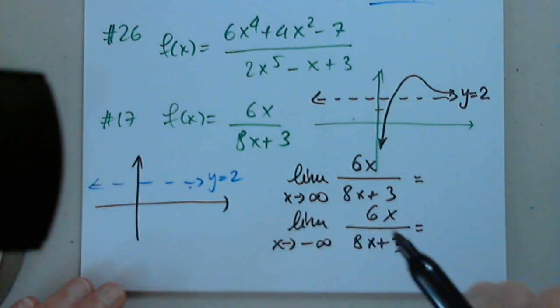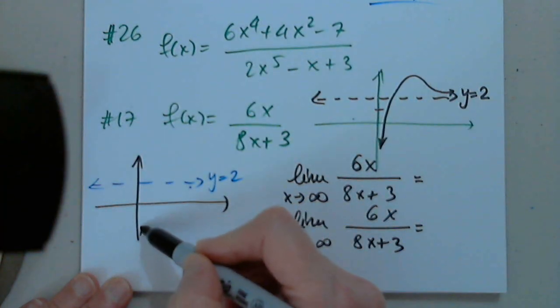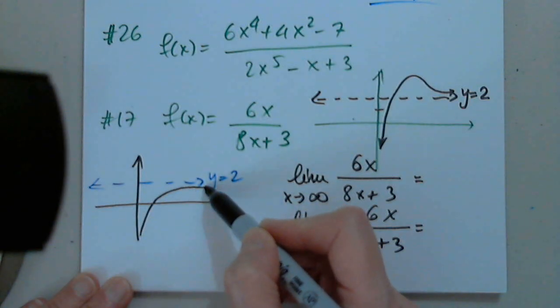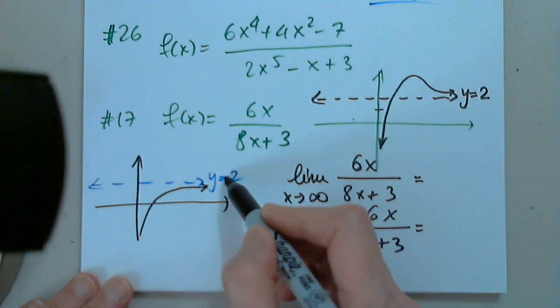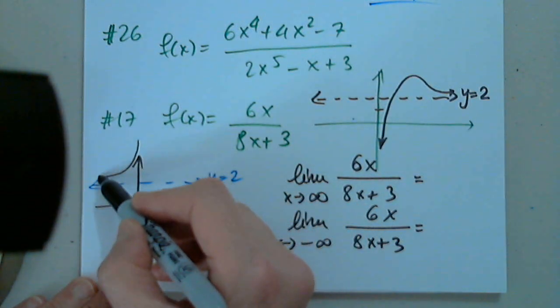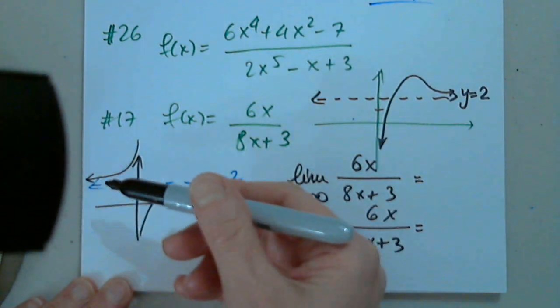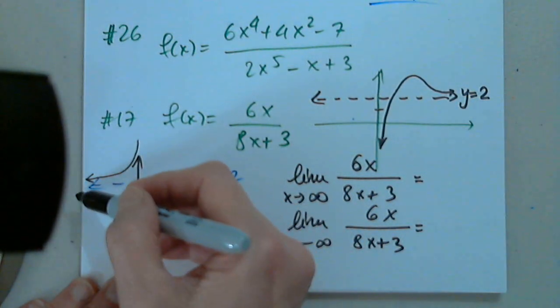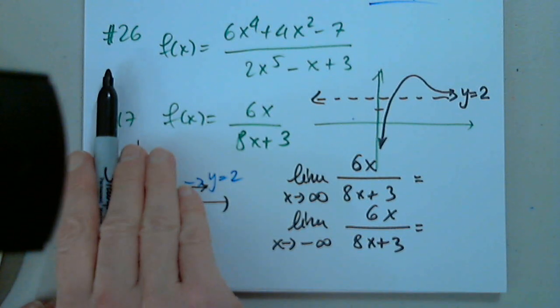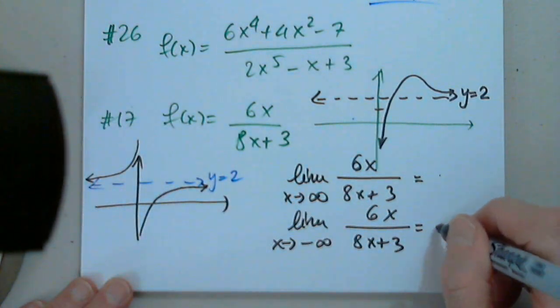So it means that the function either approaches from below, not both, or from above. Towards negative infinity is this or this, not both. It will not be a function, right? So I need to determine the limits.